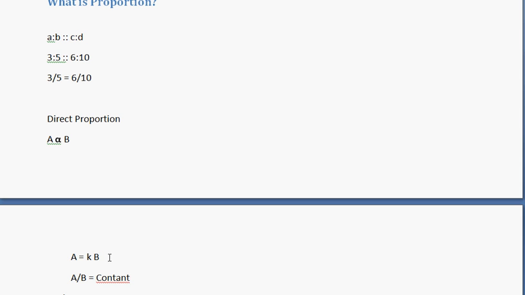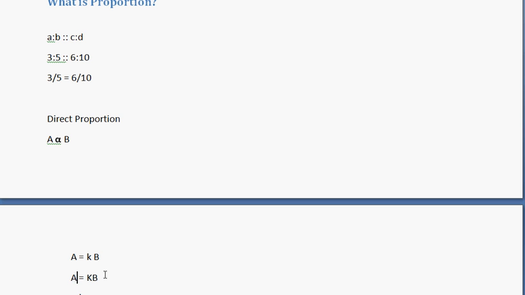So let's say that A and B are two numbers such that A is directly proportional to B. So A would be equal to K times B. Now if B becomes double, what would happen to A?